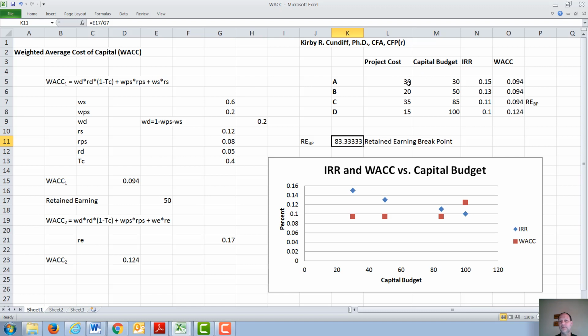First 30, then 30 plus 20 or 50, then 50 plus 35 or 85, then 85 plus 15 or 100. The retained earnings breakpoint of 83 would be right around the financing point for C. So if we financed project D, we would have to issue new stock.